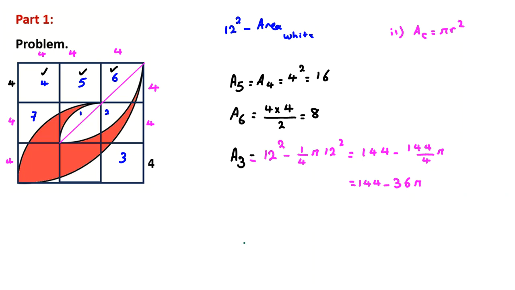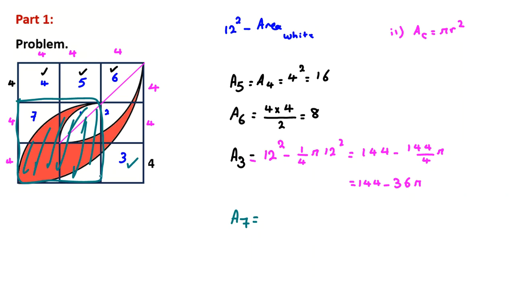In the next step, which one is easier to calculate? 7. 7 is so much similar to 3. For 3, we had a quarter circle that should be subtracted from a square. For 7, again, we should consider this square, and we should subtract this quarter circle. But for A3, the radius was 12.